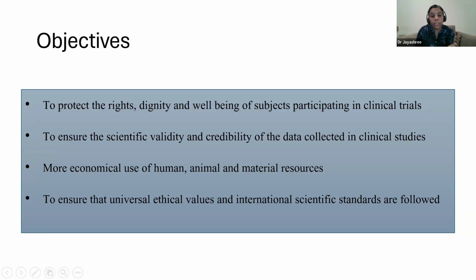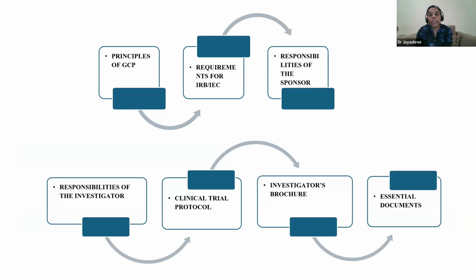And it has to be economical and cost effective, whatever resources we use, whether human resources, animal studies, or material resources. And finally, to ensure that universal ethical values and international scientific standards are followed across the board. The good clinical principles generally rest on several facets. Important among them is the requirement of a good institutional review board or an institutional ethics committee.